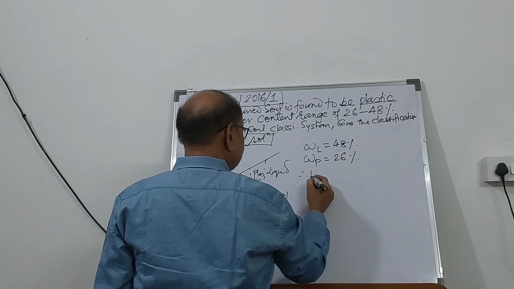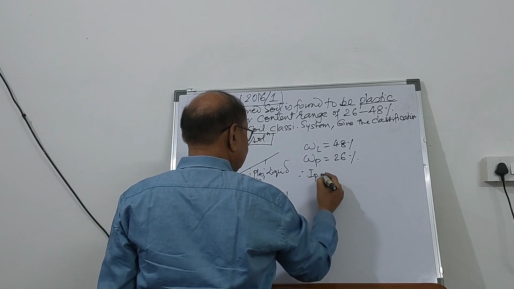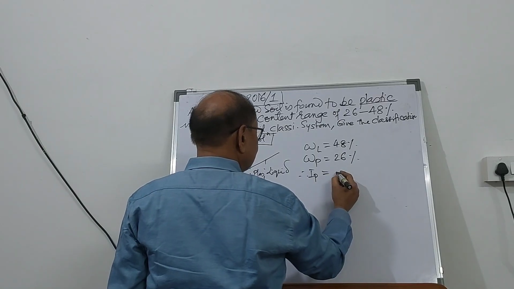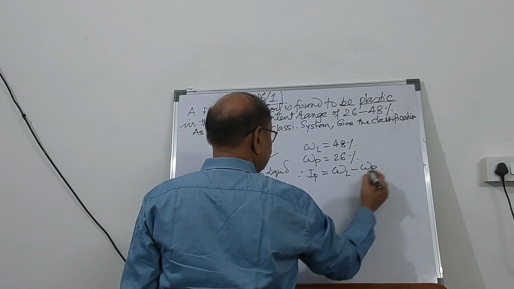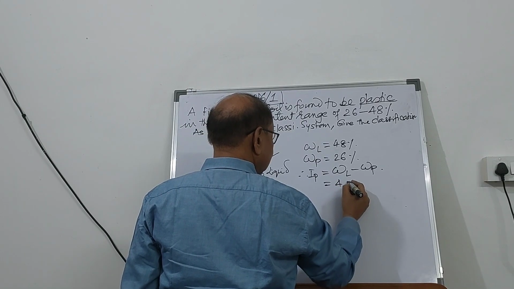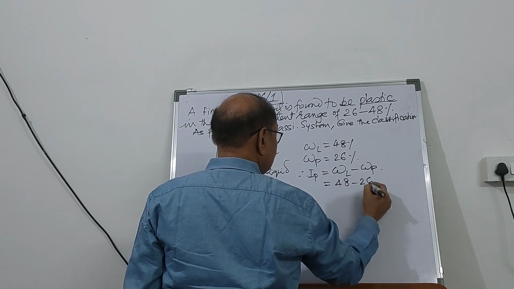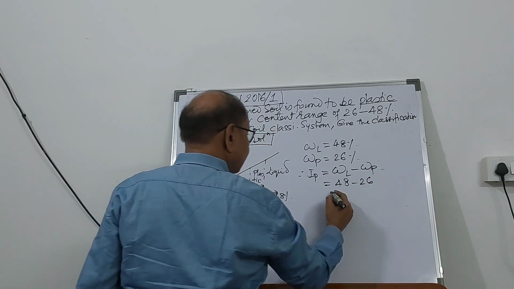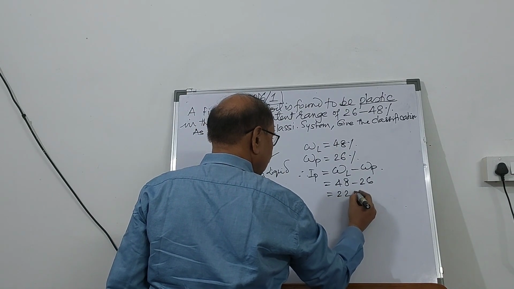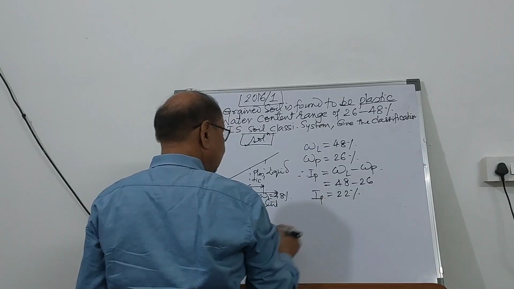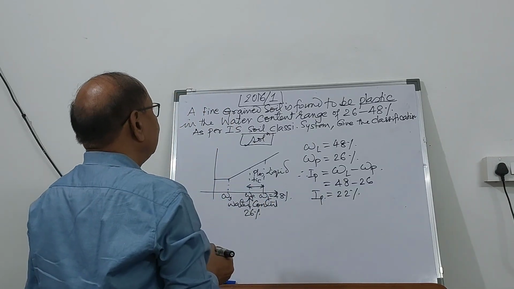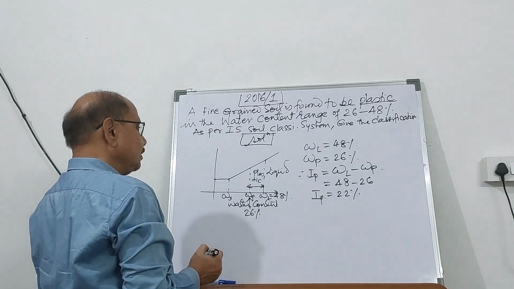Therefore, IP, that is the plasticity index, will be liquid limit minus plastic limit. So 48 minus 26. So this becomes 22%. So IP of the fine grained soil is 22%.